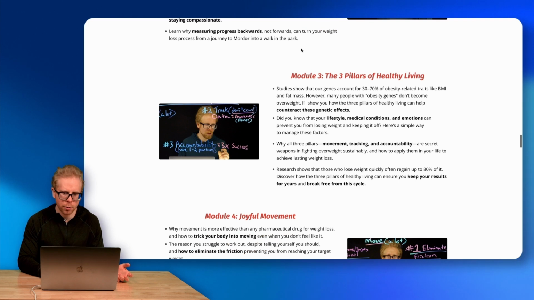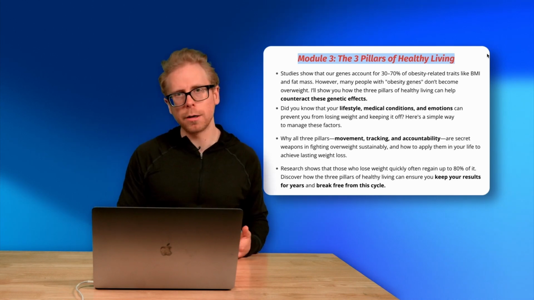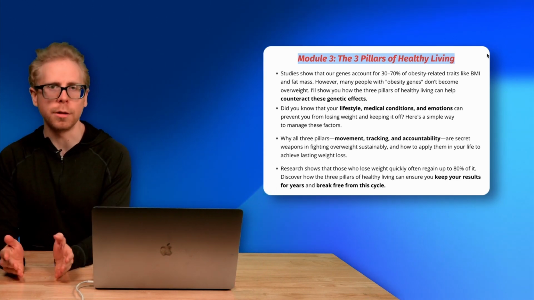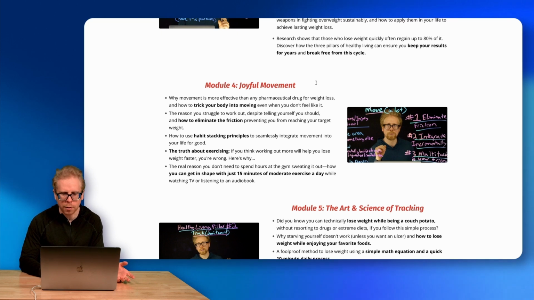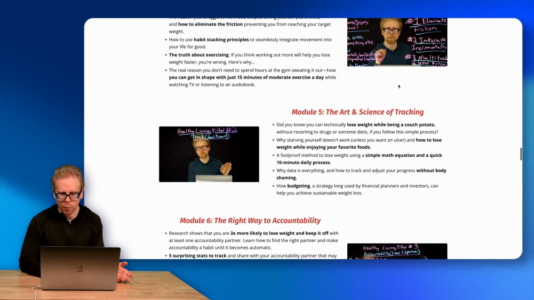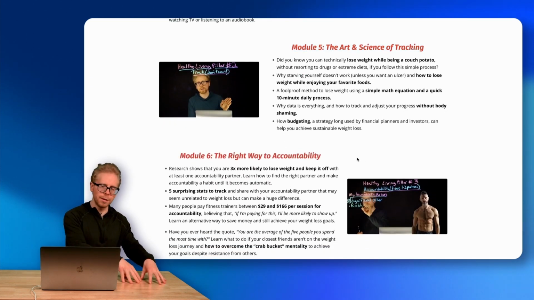Then we're actually going to go into the 3 pillars of healthy living. These are the pillars that you need to integrate into your life in order to achieve your goals. Okay, then we go into, well, pillar 1, that's joyful movement. Pillar 2, we have tracking, or the art and science of tracking. Pillar 3, accountability. So I'm teaching you these different things.